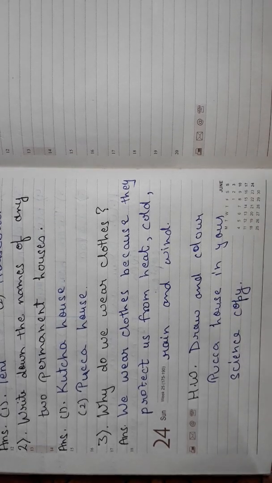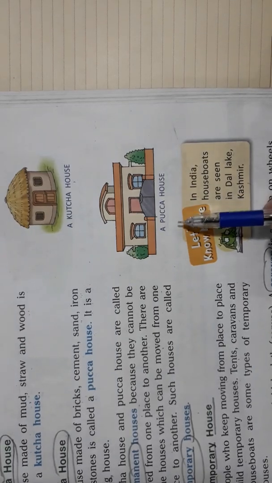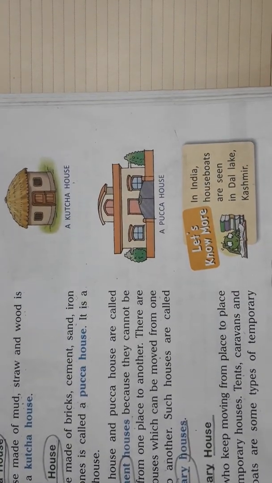So you have to draw and color Pakka house in your science copy. It is given on page number 51. All right, this is page number 51. This is Pakka house. You have to draw and color it.